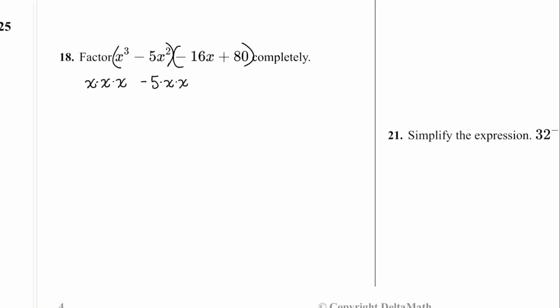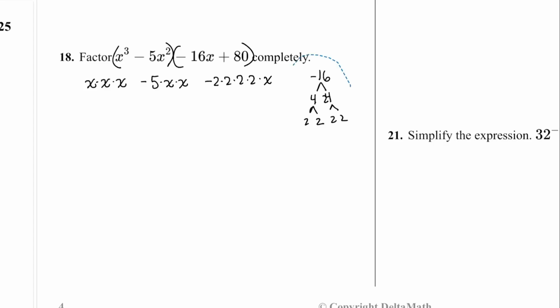what the GCF is. So negative 16, if we break down negative 16, we have 4 and 4, which is 2 and 2, 2 and 2. So this is going to be negative 2, 4 times x.